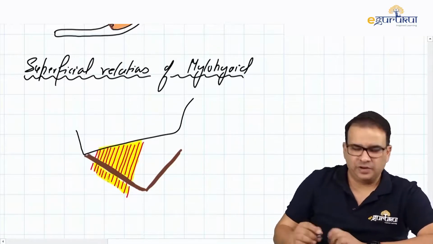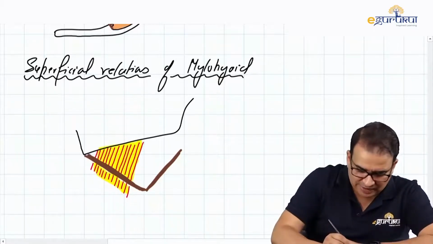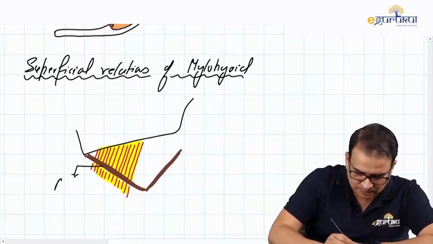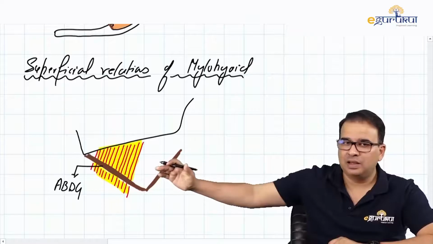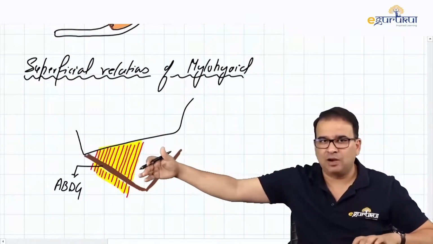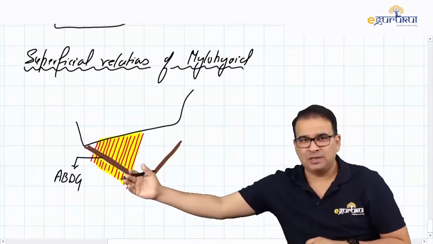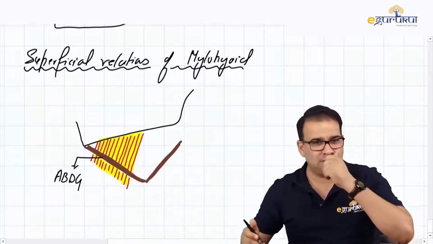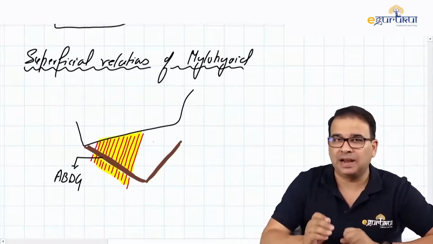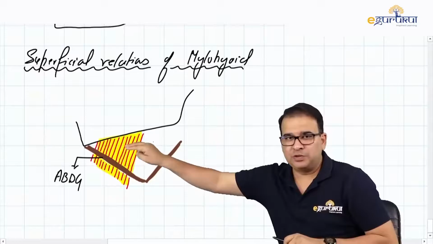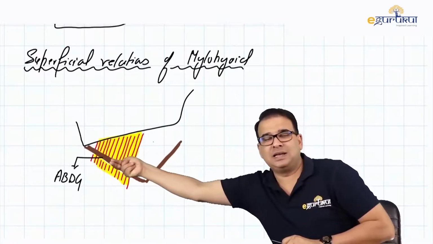So one superficial relation of the mylohyoid, you can already see that, is this anterior belly of digastric. Anterior belly of digastric is not only forming the boundary of this triangle, mylohyoid is present deep to it, so mylohyoid muscle is kind of overlapping it. If I just talk about mylohyoid, so mylohyoid superficial relation is one muscle, that is anterior belly of digastric. Then superficial part of submandibular gland, guys. We said submandibular gland superficial part is here, and then submandibular gland will turn from this posterior border and goes deep inside.